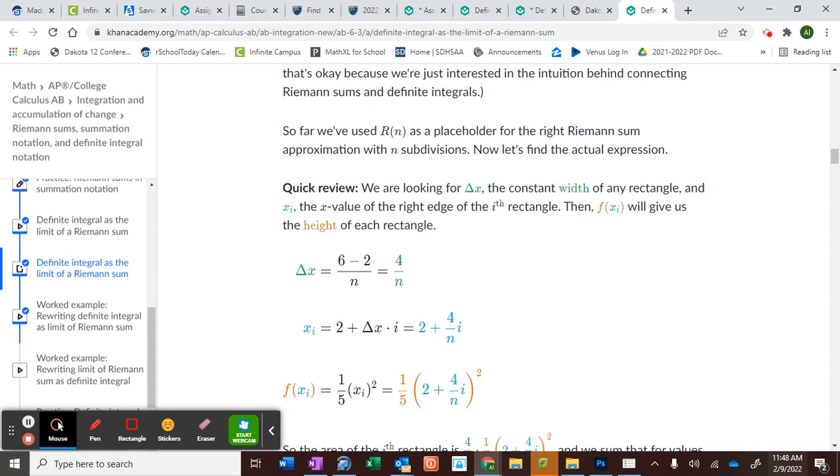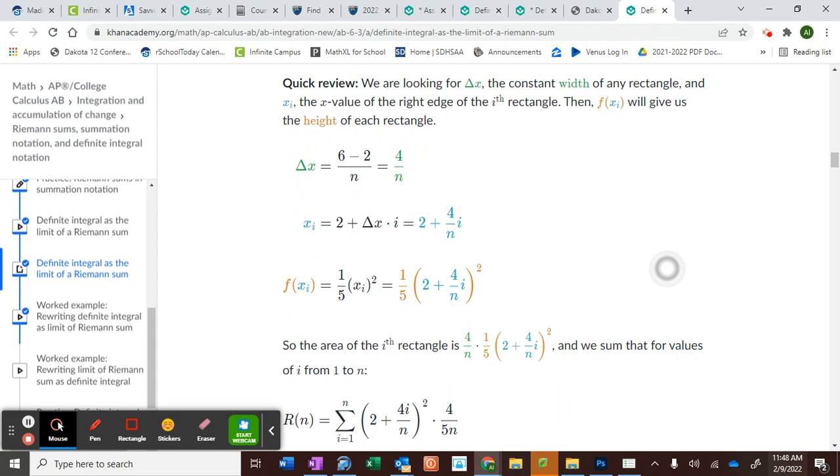So this is the change of x. How wide your rectangles are. And then this other part, x1 equals your bottom number plus change in x times I. And that's how we're going to come up with what goes in the summation.